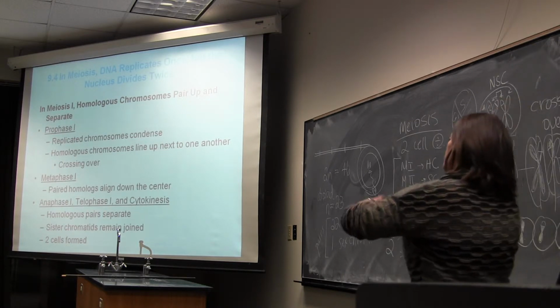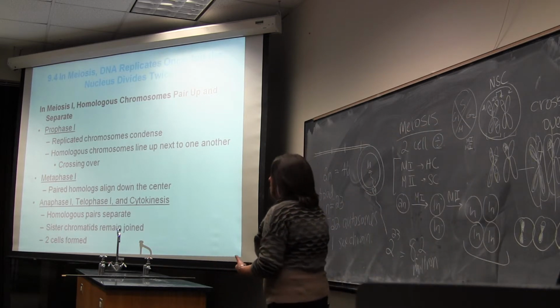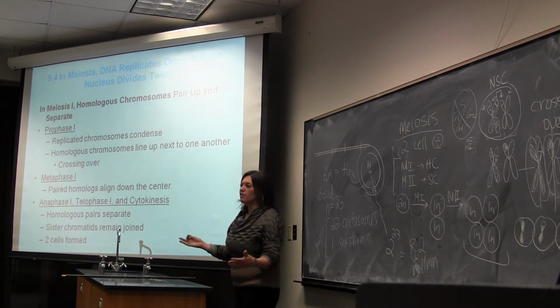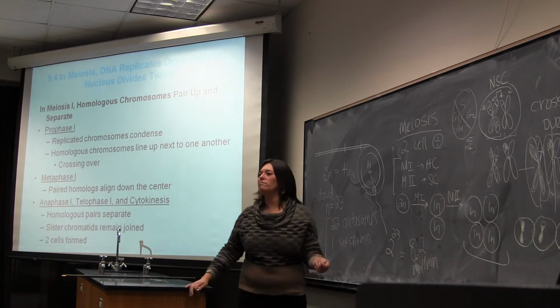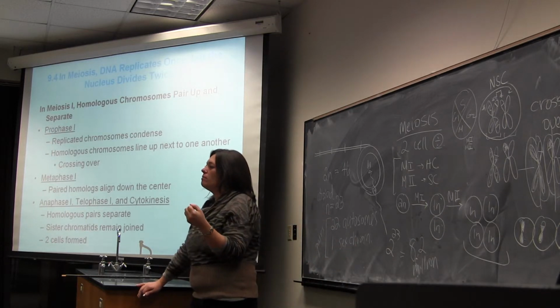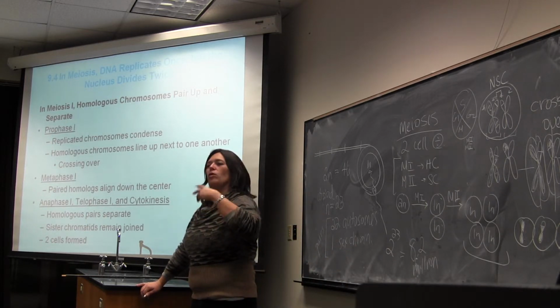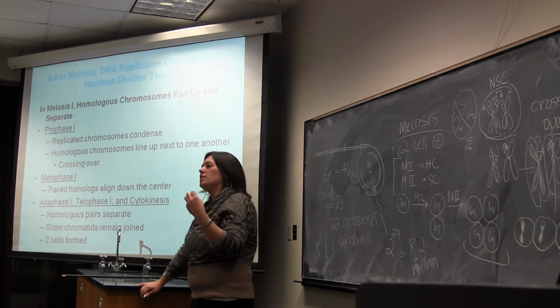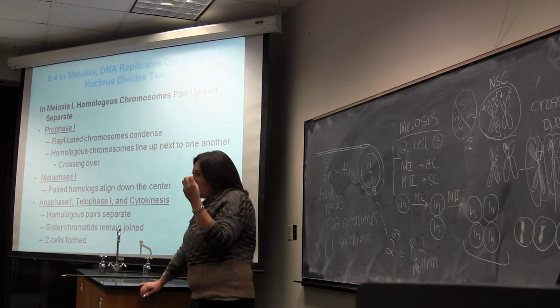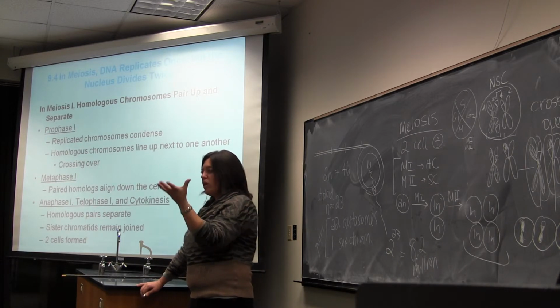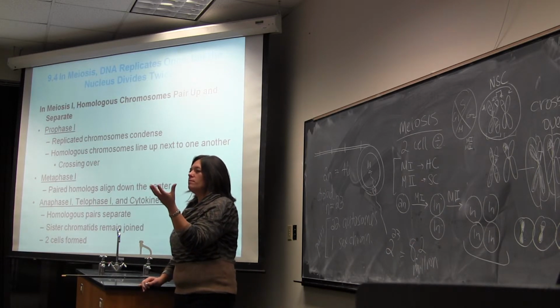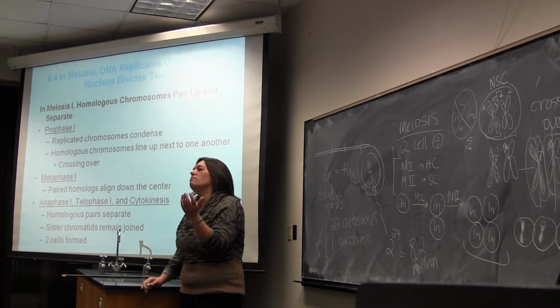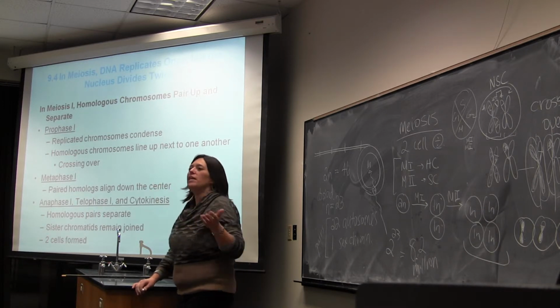Okay, so just to go through the steps again, in the first division in meiosis, meiosis 1, you're going to start with prophase 1. And in prophase, what always happens in prophase? The DNA always condenses, right? And then in meiosis, we're going to have that crossing over event between the homologous chromosomes. Other than that, prophase is the same. Metaphase is going to be the same.